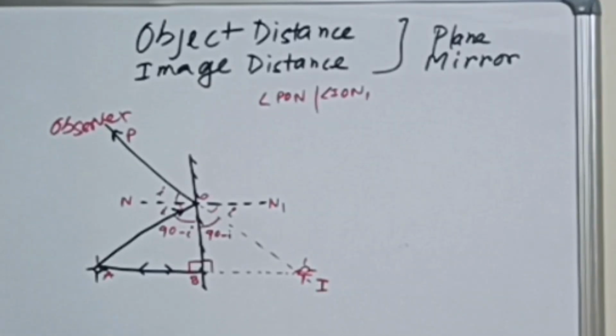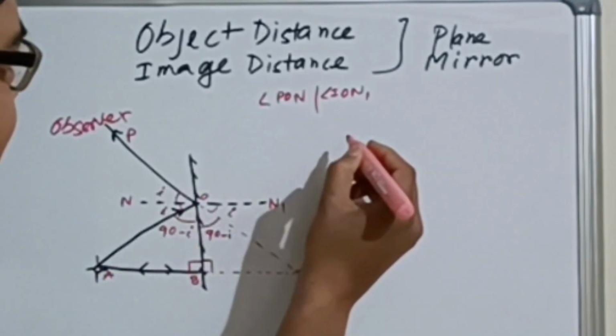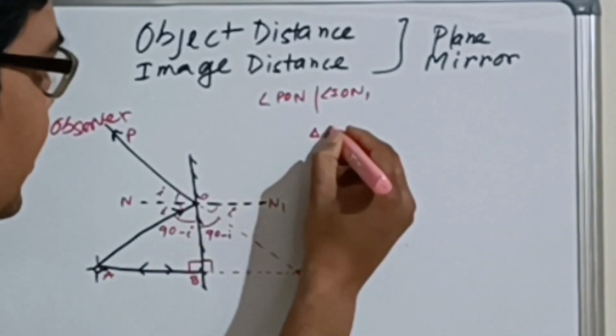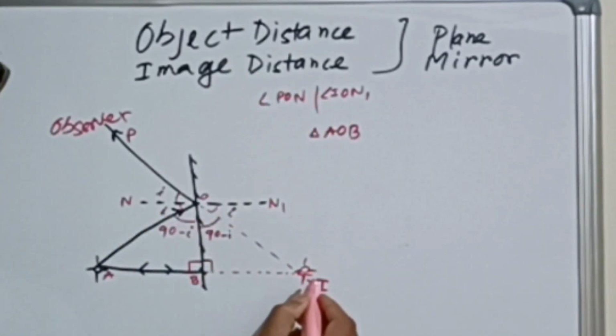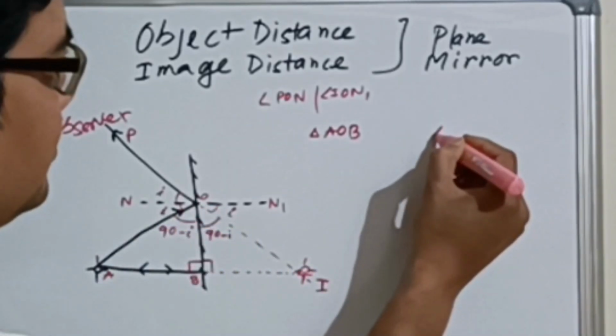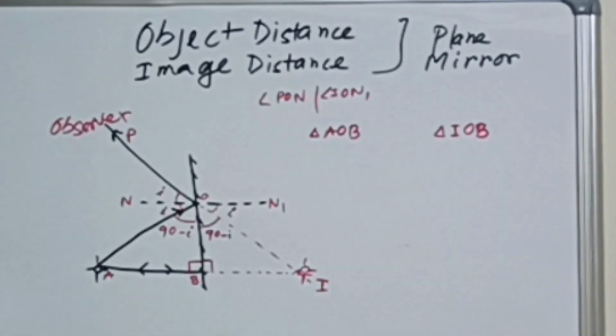Yeah. So we have two triangles, triangle AOB and triangle IOB. Let us see what we can consider and what we can verify.